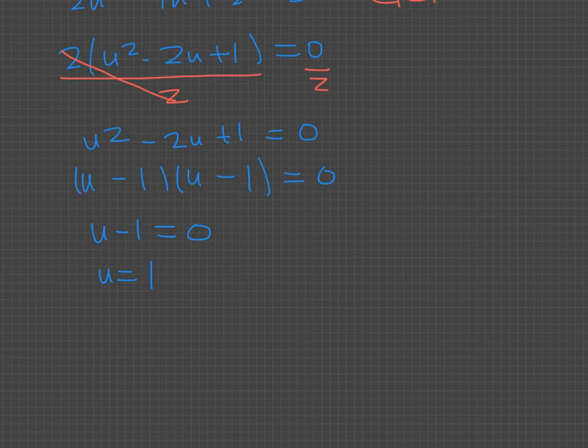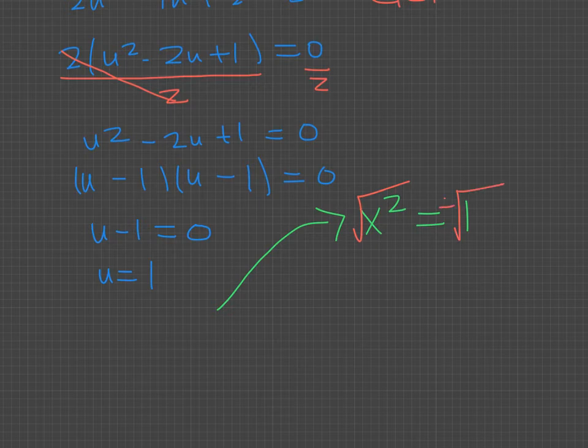We want to solve for x though, so here we replace that u now with x squared. So we get x squared equals 1. To undo that squaring, we take the square root, and we remember our plus or minus out in front. That gives us the solutions x equals 1 and negative 1.